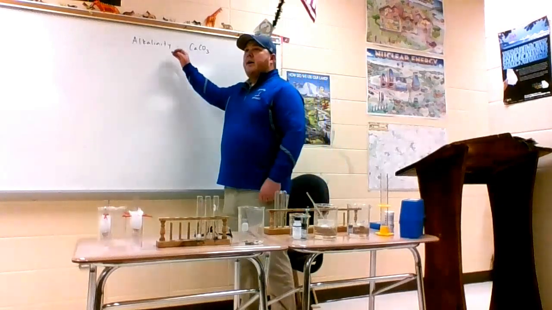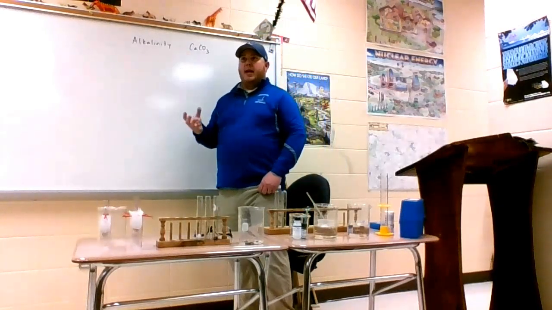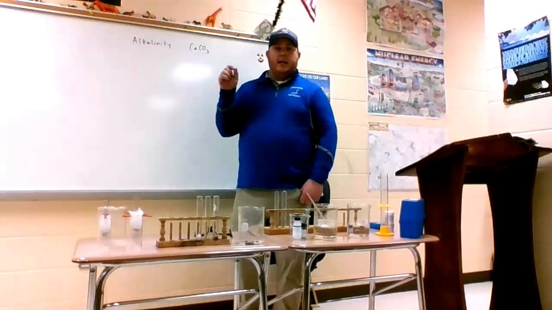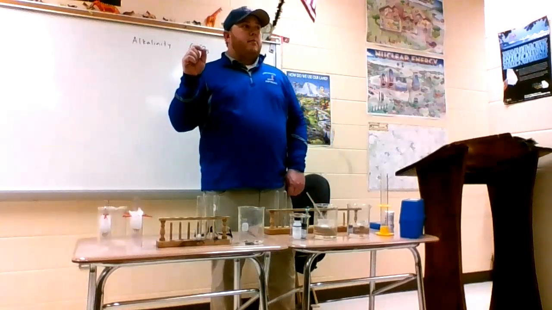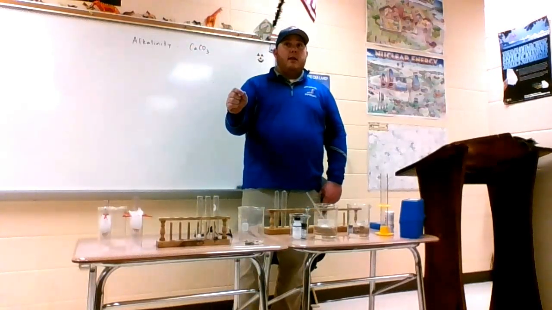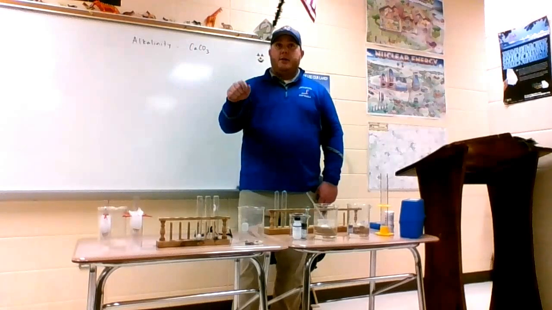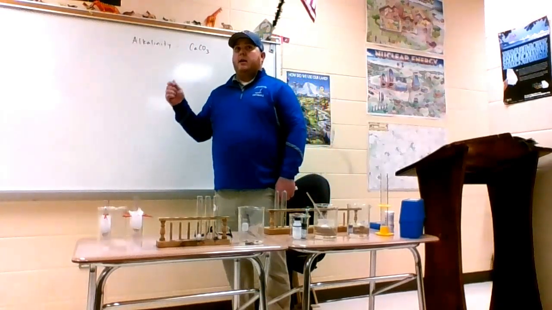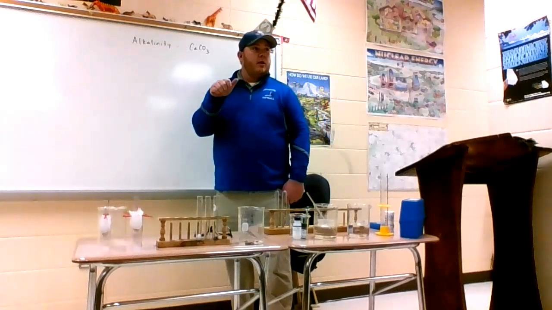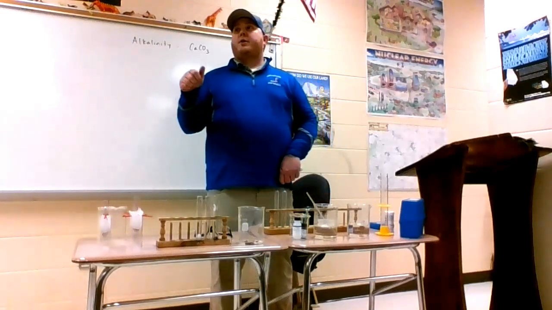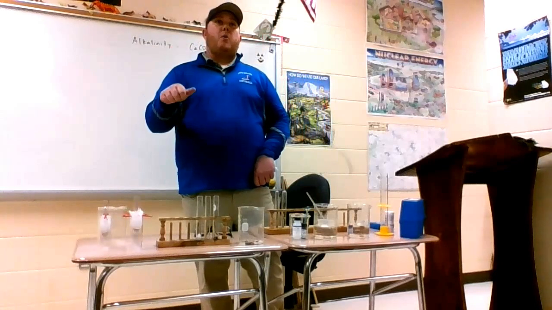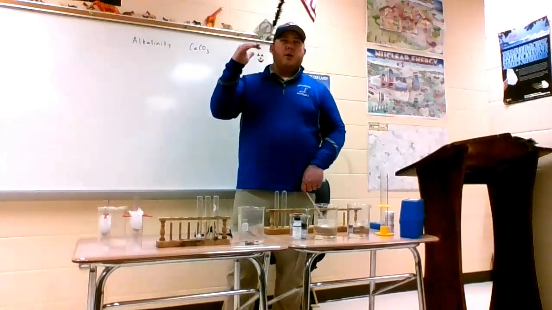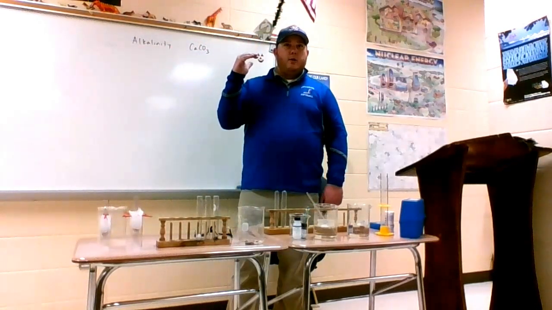If I had a high alkalinity at a pH of 7 and I added one drop of acid, it wouldn't do anything to the pH. I add 2 drops, it might not do anything. And the higher my alkalinity, the more drops of very, very low pH acid I can add to my water sample, and the water sample still stays at neutral.